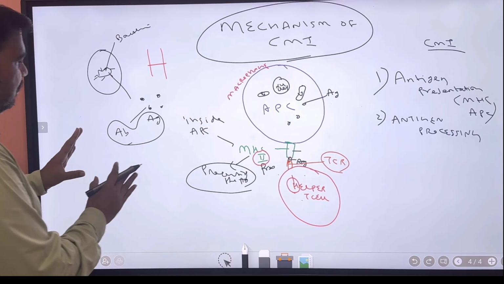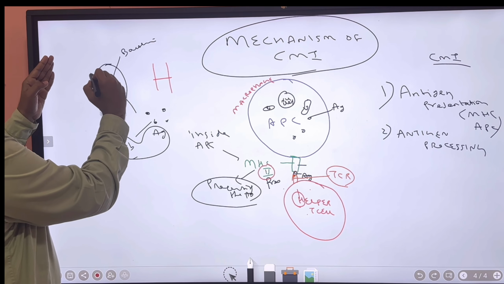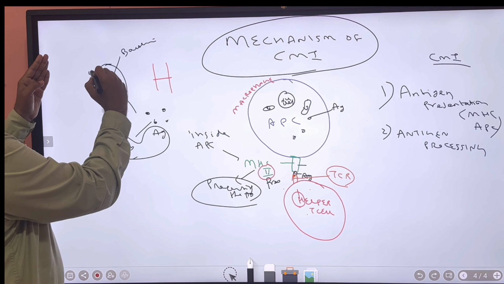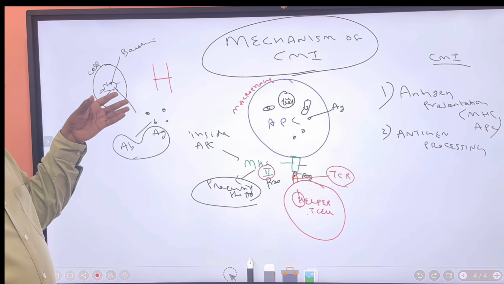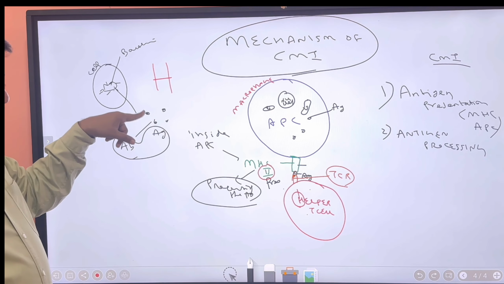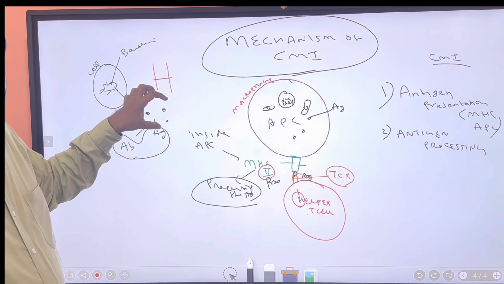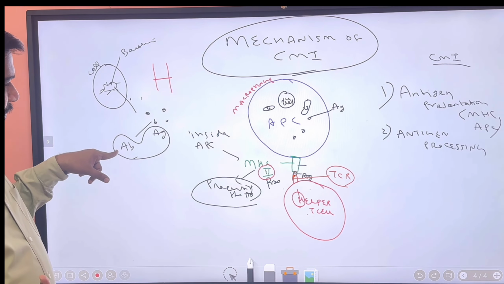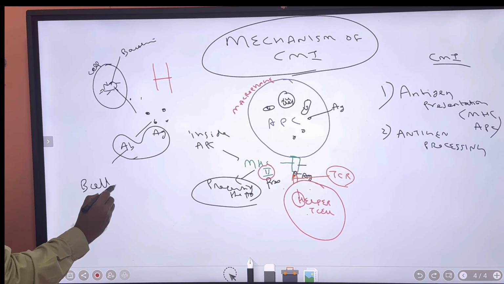See, again concentrate here. Bacteria, this is some cell which is doing the breakdown of the bacteria into various antigens. If the antigen is free, circulating, that is humoral, meaning fluid. If the antigen is free, that can be taken by antibodies coming from B cells.